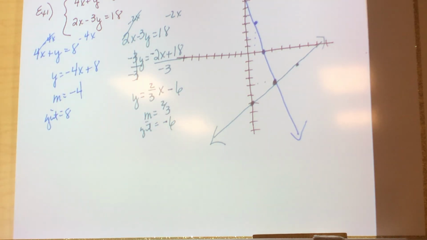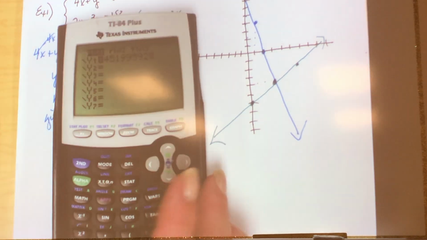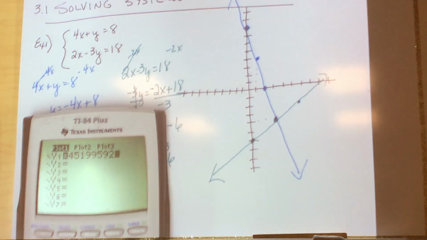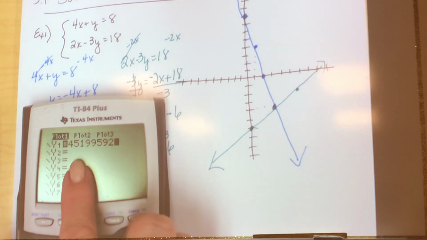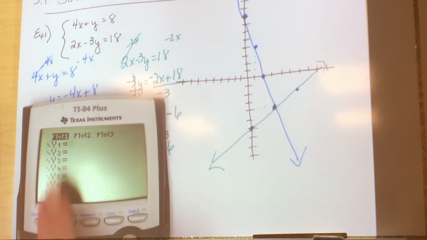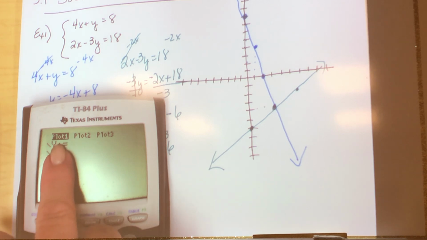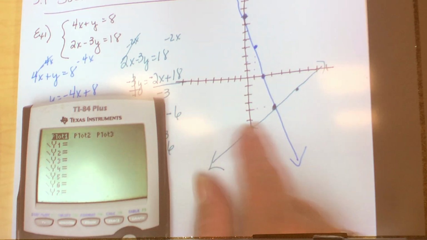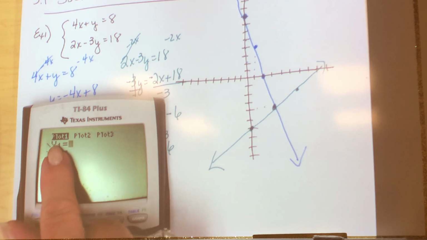Okay? So, I'm going to turn my calculator on. I'm going to show you what my calculator looks like when I first turned it on. It had some big equation right there, so I cleared it out. And then, y'all, if you have a plot turned on and we're just trying to graph something like this, that's going to mess me up.